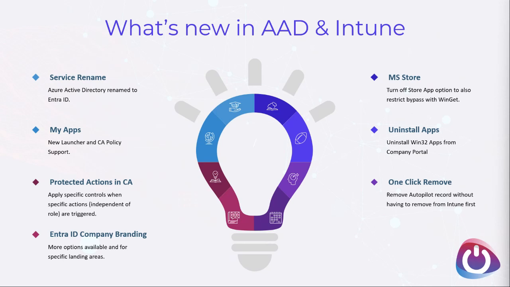So we can now put the conditional access controls on specific actions regardless of the actual role. You can even use it in combination and say, well, fine, we want to make sure that the Intune admin role must be accessed from a compliant corporate device, but if they perform a delete action while in that role, then they must be prompted for MFA to prove that they are who they say they are.